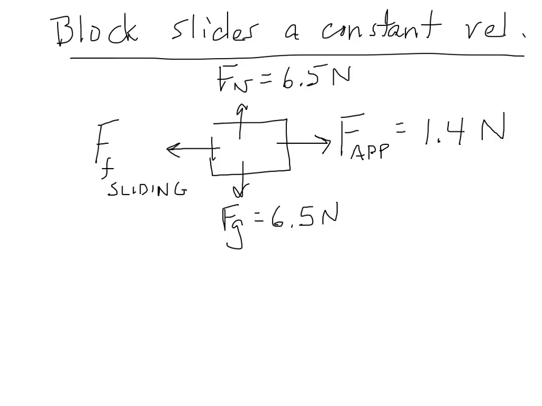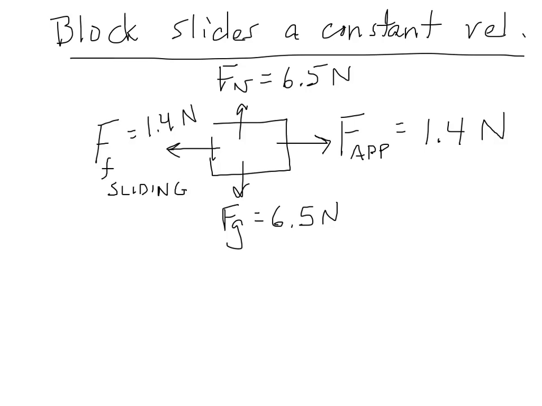So how big must this sliding friction force be? It might be a good idea for you to stop the video here for a second and make sure you could answer that question yourself. How big must the sliding friction force be in order to maintain constant velocity? I hope you can see that would require 1.4 newtons leftward, just enough to balance out the applied force from the scale rightward.